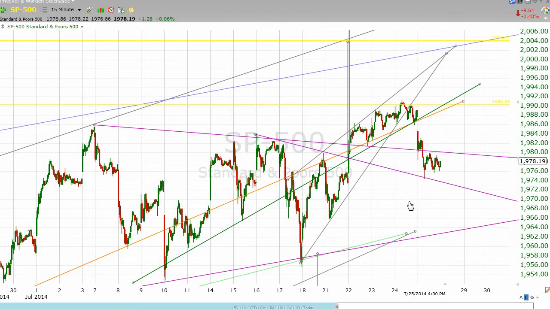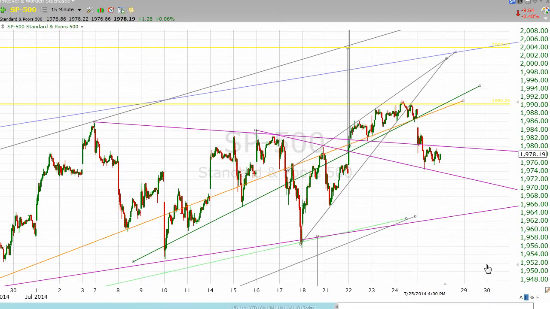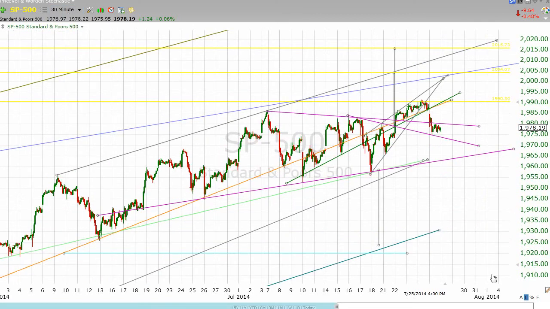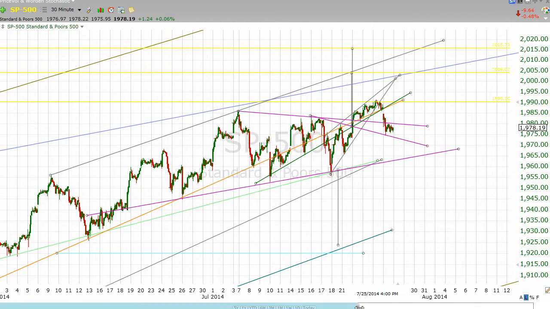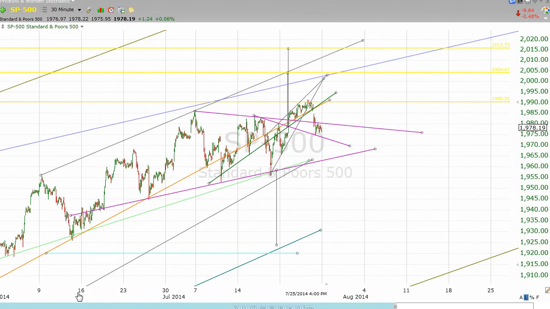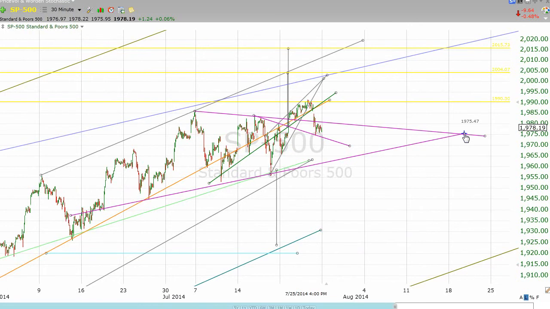Now, just in general rules, a consolidation pattern tends to have a support level that is the apex of where the various support and resistance lines might meet at some point in the future.